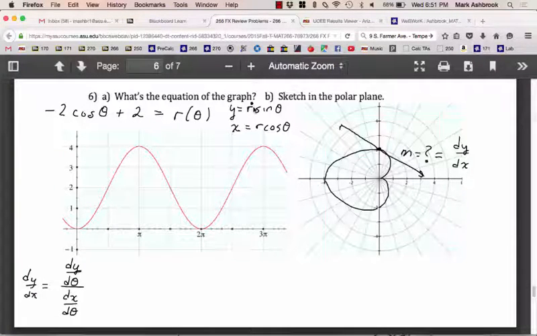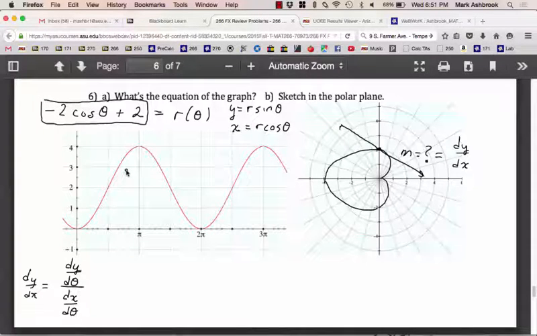And r changes; r is a function of theta. That's r for our graph, because r is negative 2 cosine theta plus 2. So we can rewrite y as (negative 2 cosine theta plus 2) times sine theta.